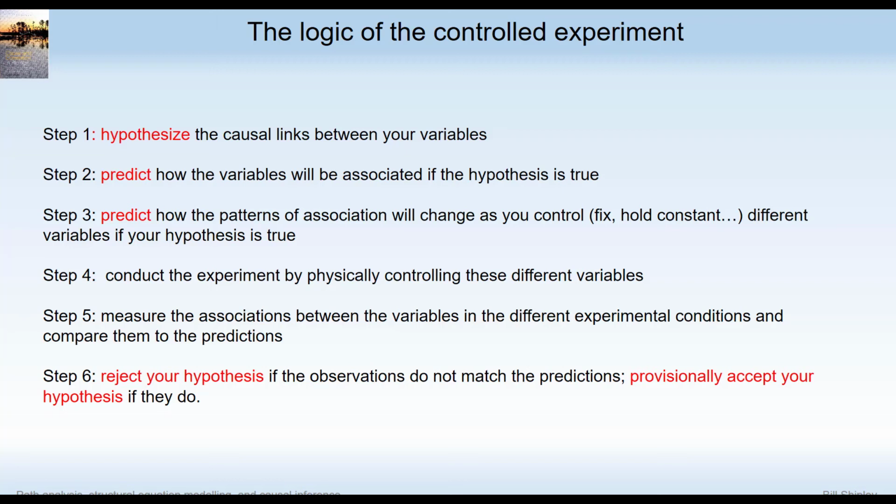And the key word here is provisionally, because the controlled experiment is not as strong as the randomized experiment, mostly because you can never exclude the possibility that you may have missed certain variables. There may be certain variables that you didn't control or are even aware of, which may generate equivalent predictions to the one that you hypothesized.